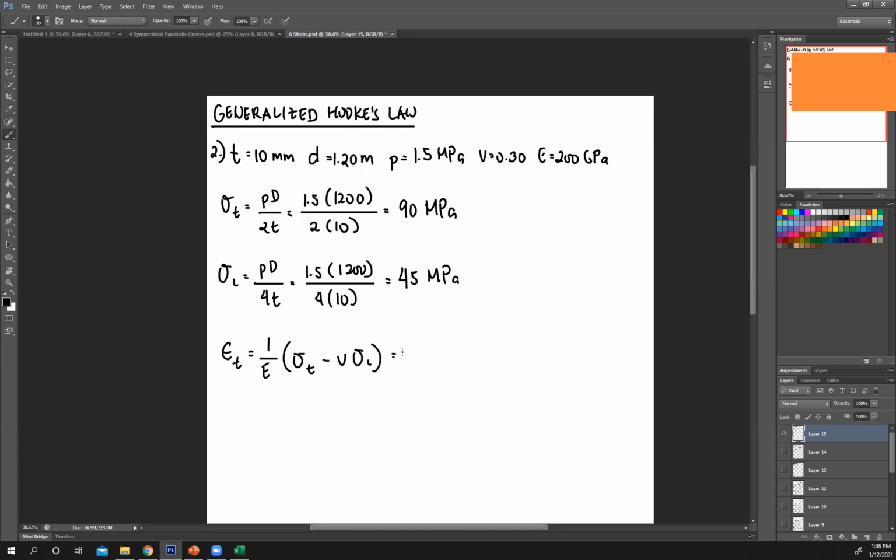Then let's input our info. 200 GPa, converting to MPa, that's times 1000. Sigma T is 90 minus V, 0.30 times sigma L, 45. What's the answer?